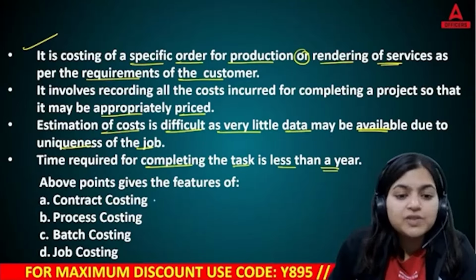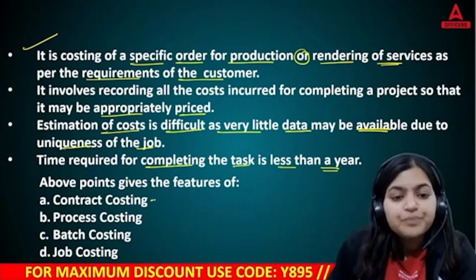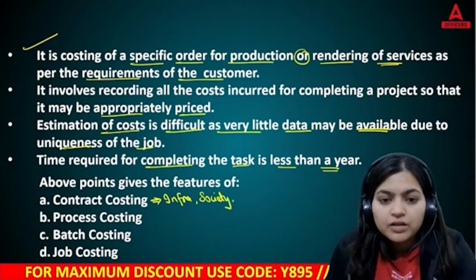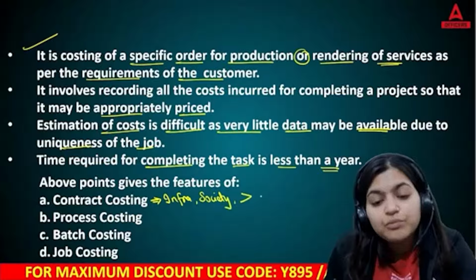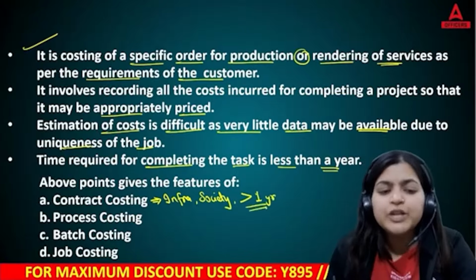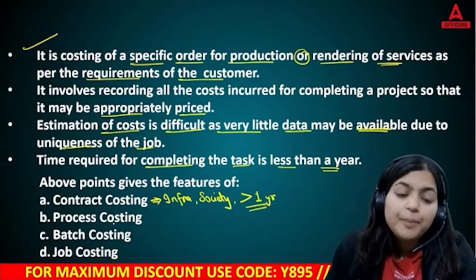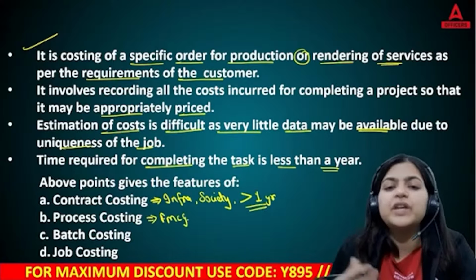Like contract costing. If you are in an infrastructure project company, if you are constructing any society, especially if you are taking time for more than 1 year, then you are going to use contract costing. Process costing means like FMCG companies, continuous manufacturing is going on.